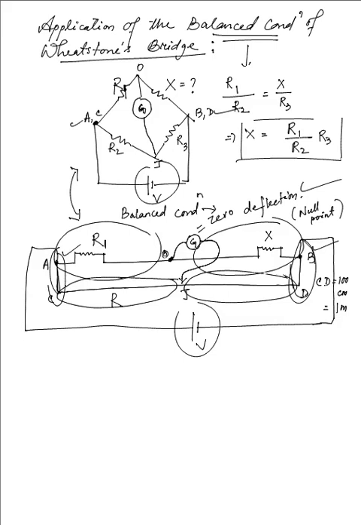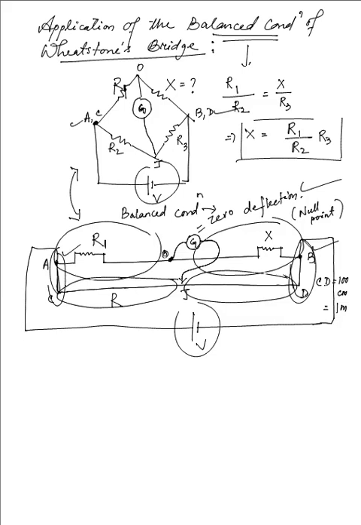Now, the jockey is touched at different points over that wire CD, and wherever we achieve the zero deflection or the null point in the galvanometer, we say that that is the balancing point, or that is where the system remains balanced.